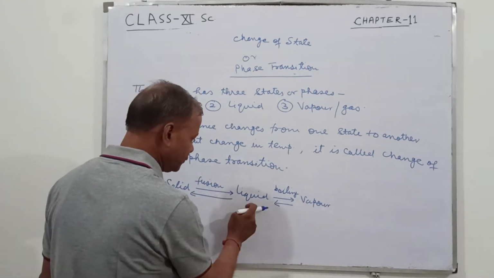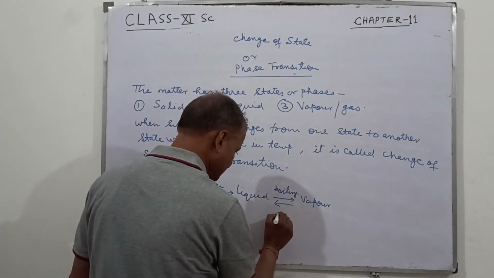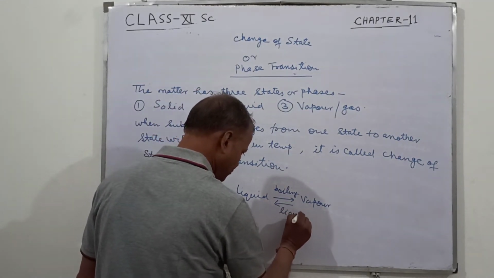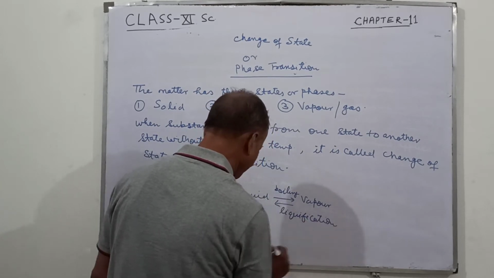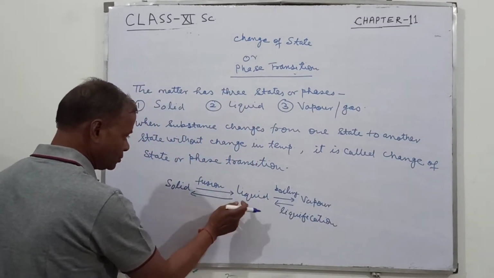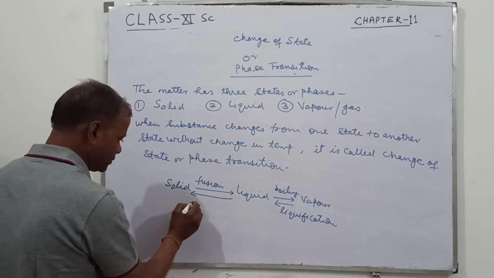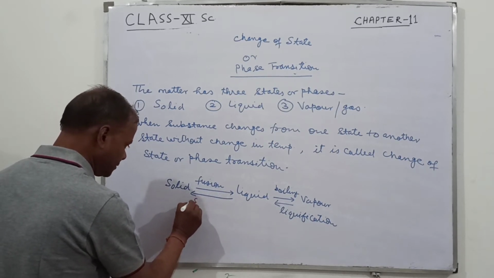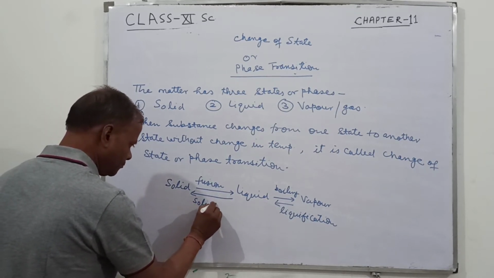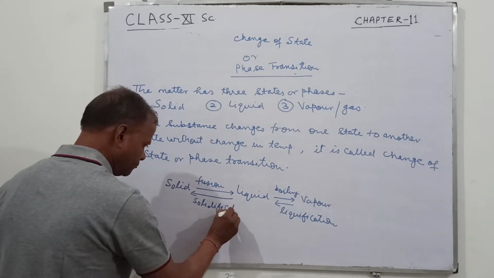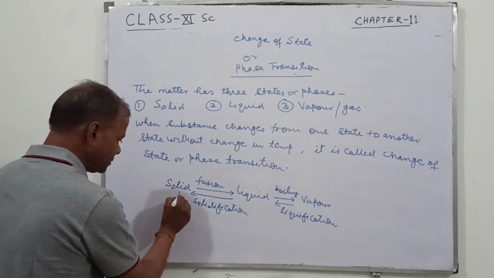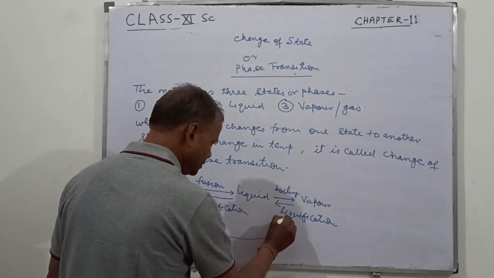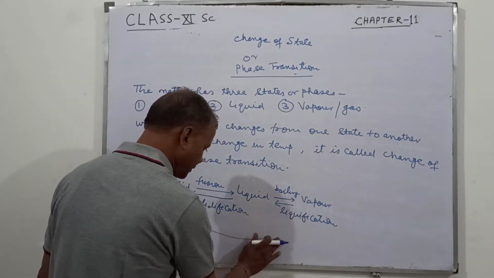So vapor to liquid, it is called liquefaction. And from liquid to solid, it is called solidification. Now we can have this solid into the vapor.